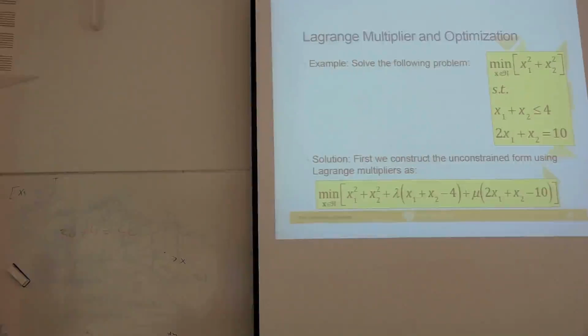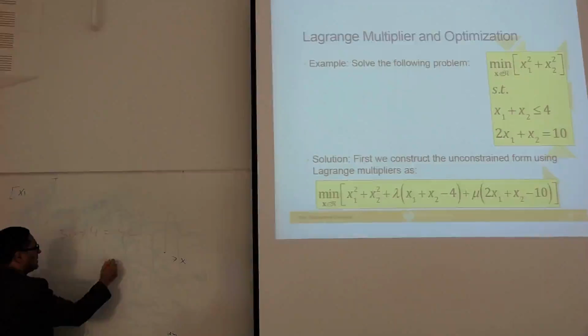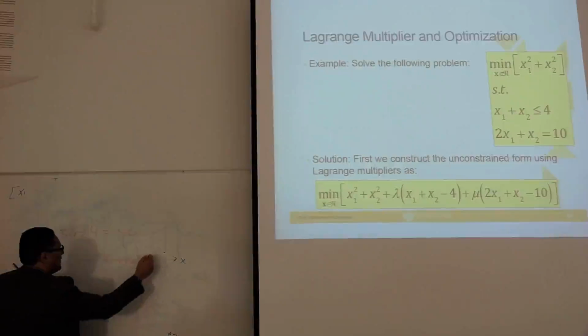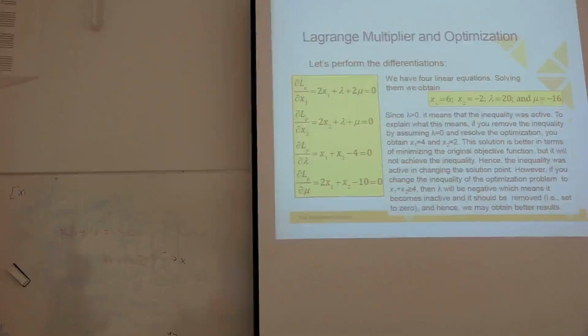Okay. Now let us change a little bit. What happens if we need x1 plus x2 to be more than 4, not less than 4? If the inequality constraint is that x1 plus x2 needs to be greater than 4, and we solve the same problem, then we will have a negative lambda.